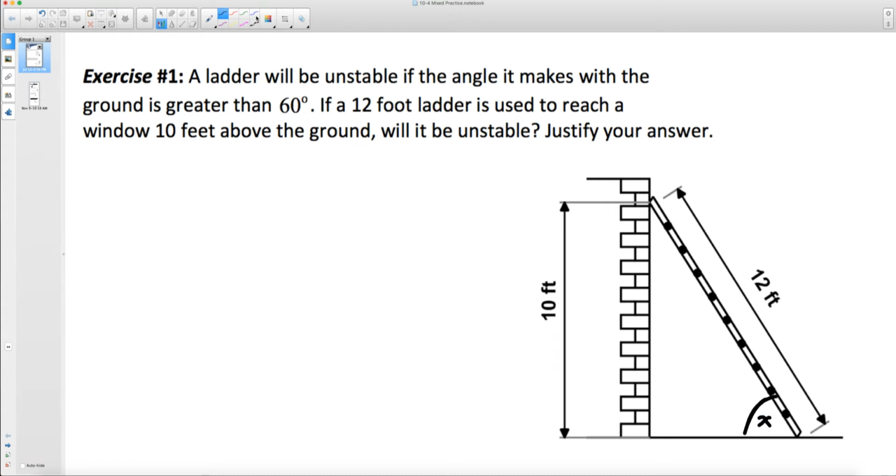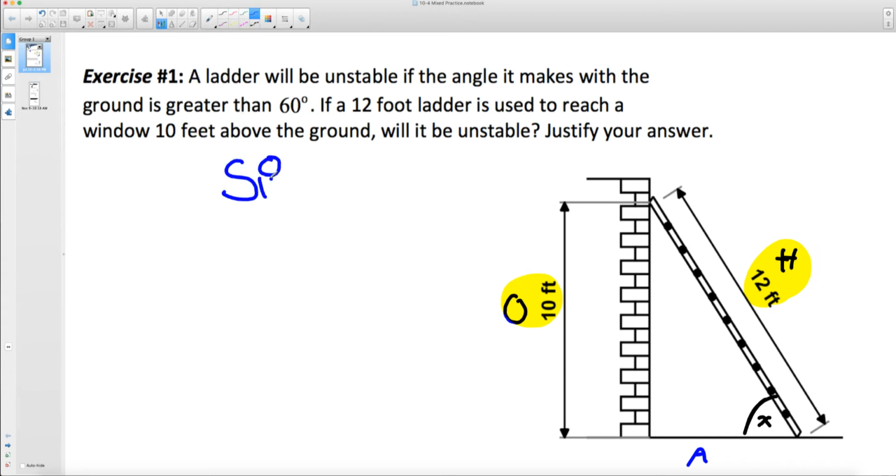Okay, let's label our sides: opposite, adjacent, and hypotenuse. We're solving for an angle. Anytime you solve for an angle, it's always inverse trig. We're dealing with opposite and hypotenuse, that's going to be sine.